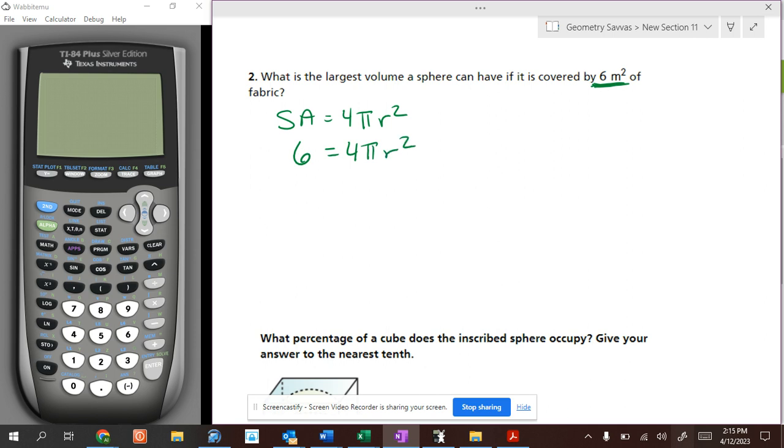How many different variables do I have in that problem? Just one, just the r, because pi is a number. It's 3.14159265. Okay, so divide by 4. So 1.5 equals pi r squared.